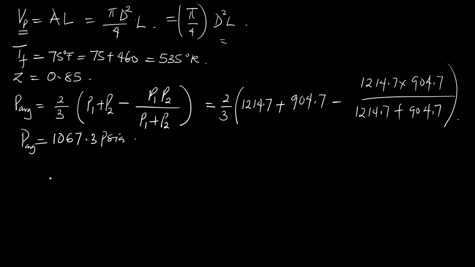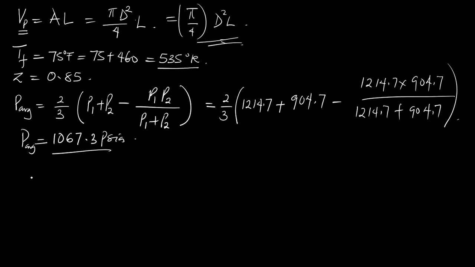So this is a condition of the gas when it is at this volume. That is it. So now we are asked to calculate the volume. The line pack is now the volume of the gas at standard condition. Now let's use the real gas equation.